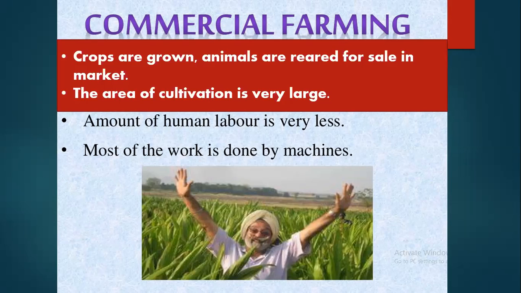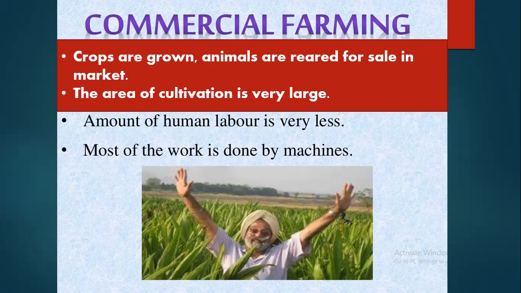So here they mostly use machines for working. The amount of human labor is very low in commercial farming, because it's a very big farm, right? So they need modern techniques because more production is needed.